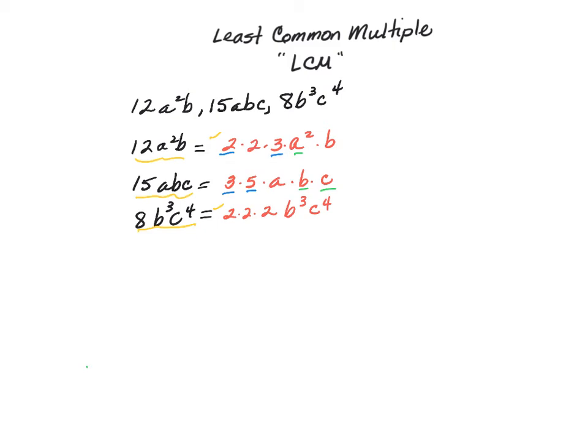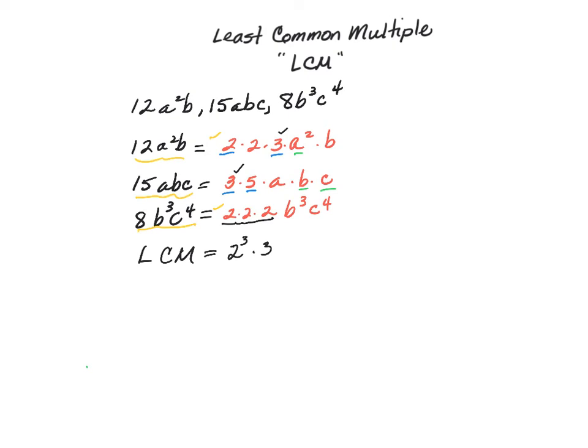And so as we get ready to write our LCM, we're going to say we need a 2 occurring 3 times because there's 3 of them right here. Next we move to our 3. What is the most times that a 3 is used? Turns out it's only used once in any one problem.